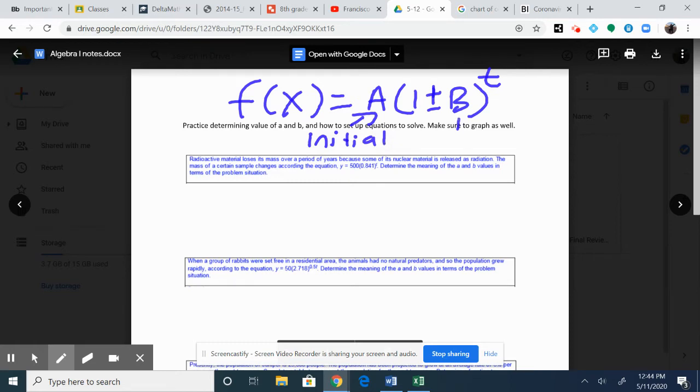Our b is going to be our percentage growth or decay, depending on the problem. And t is usually time in years, months, minutes, hours, any sort of time at all.